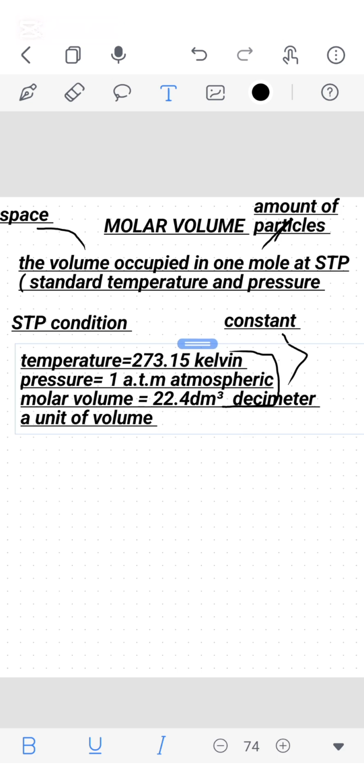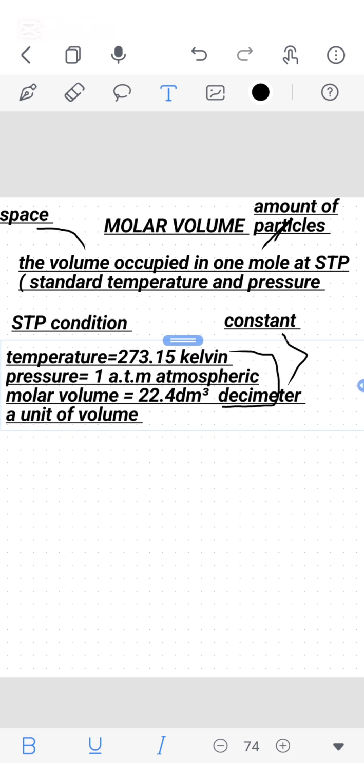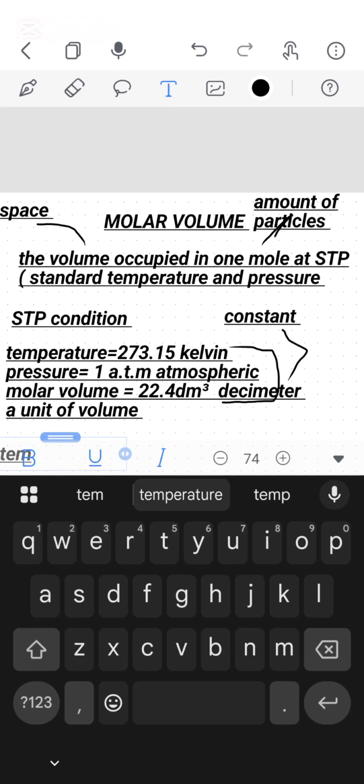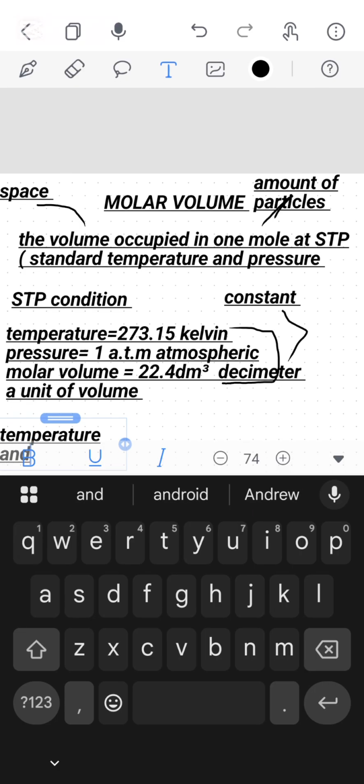And now these are the constant STP conditions that we will be applying to find out volumes of gases and all those things. Now let's first understand what Charles' law and Boyle's law are saying. We are not discussing their laws, only their statements. Temperature and pressure, these both are STP conditions.